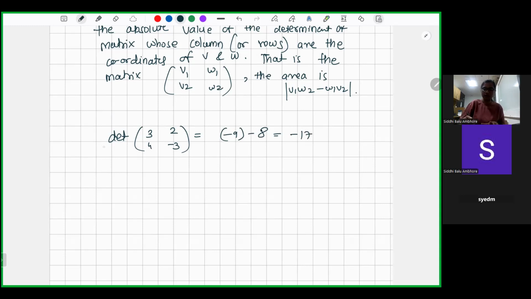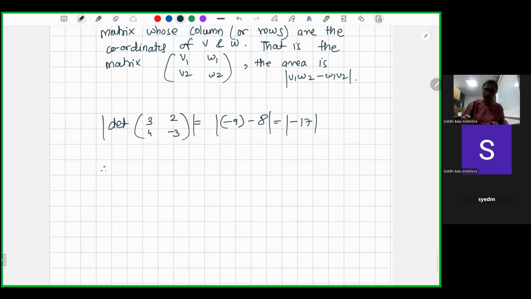But I have to take the modulus of this. Therefore, the area of the parallelogram is 17. Okay.